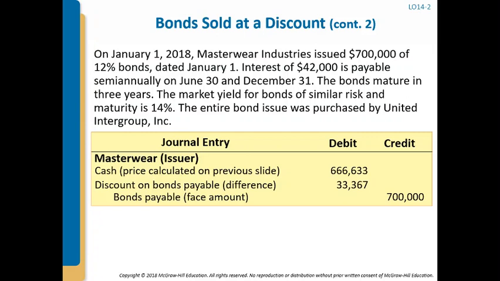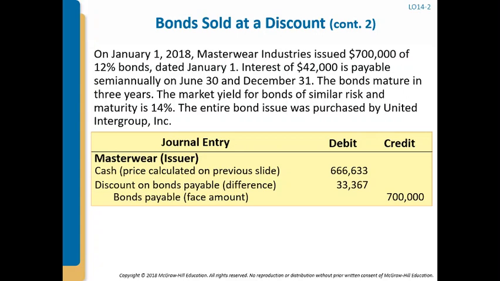And the book value of the bond, meaning the bonds payable minus the discount on bonds payable, as of the issue date, January 1, 2018, is 666,633.